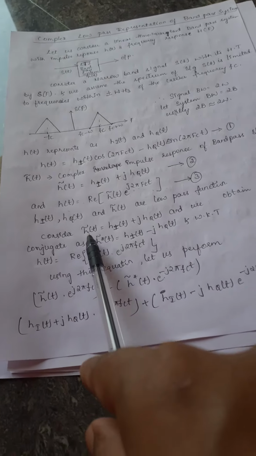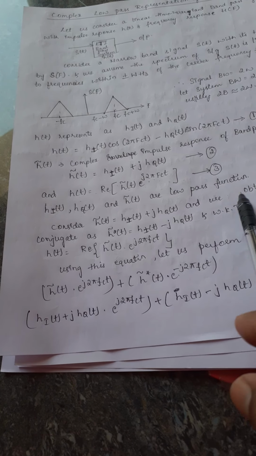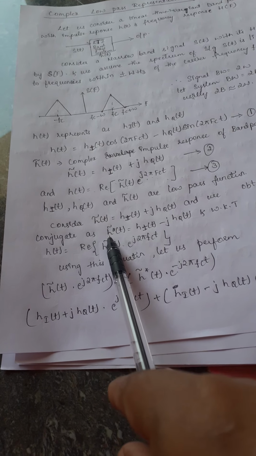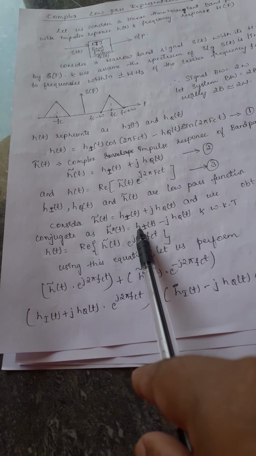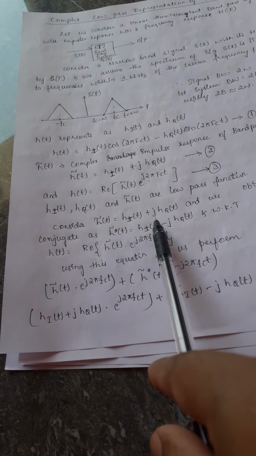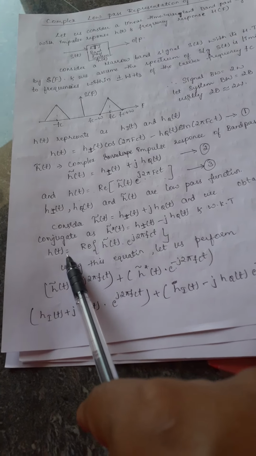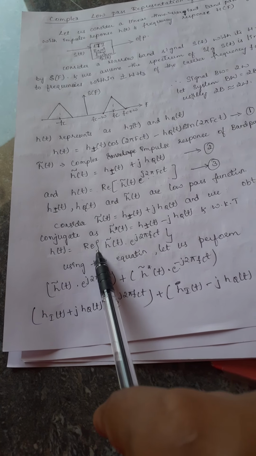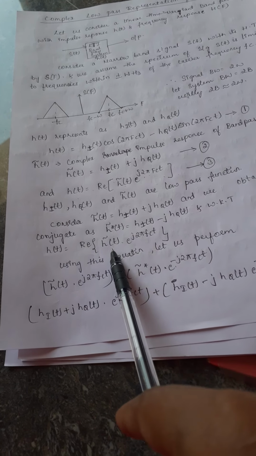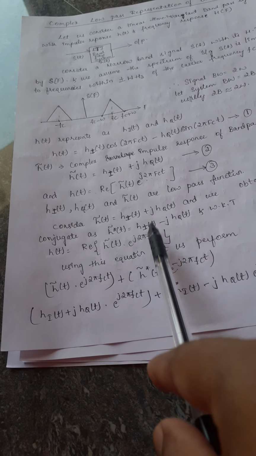Consider h tilde of t equals hi of t plus j hq of t, and we obtain the complex conjugate as h tilde conjugate of t equals hi of t minus j hq of t. We know that h of t is equal to the real part of h tilde of t into e to the power of j 2 pi fct.